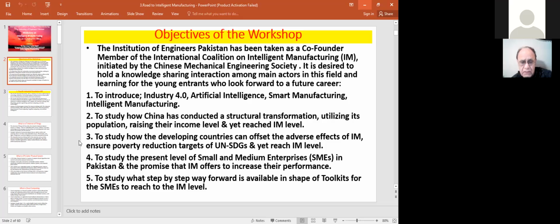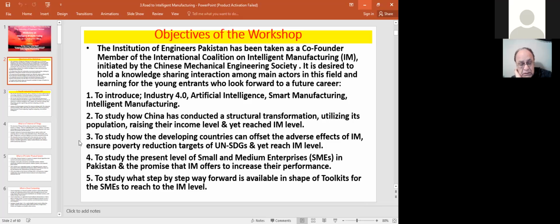We are all quite developed in this respect, but there are many countries which are really lagging behind, many African countries and other countries, and we need to see how we get on with intelligent manufacturing, and side by side, we have to ensure poverty reduction, because intelligent manufacturing has some adverse effects on loss of jobs and on poverty, and we have to see that we do something about that as well.